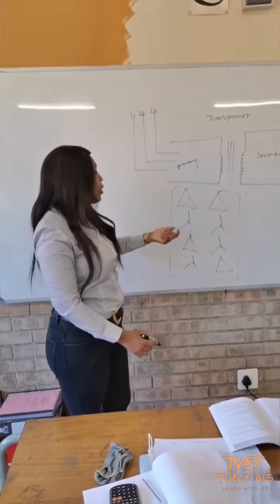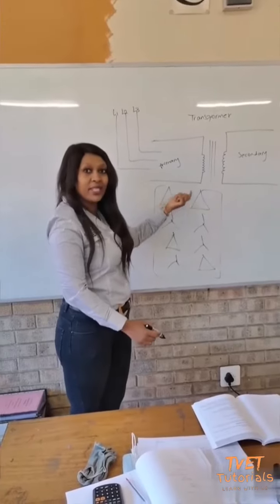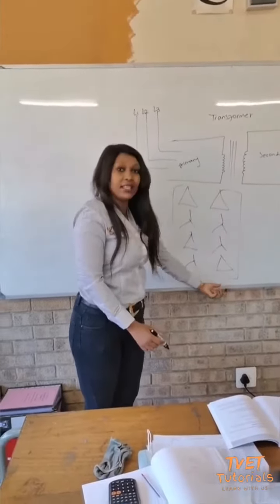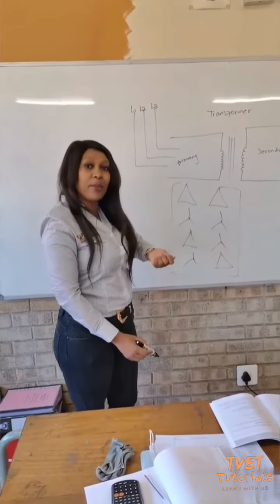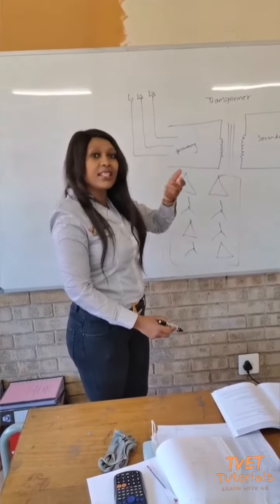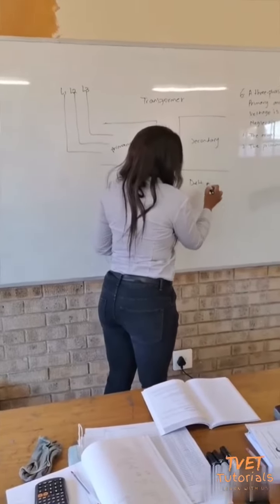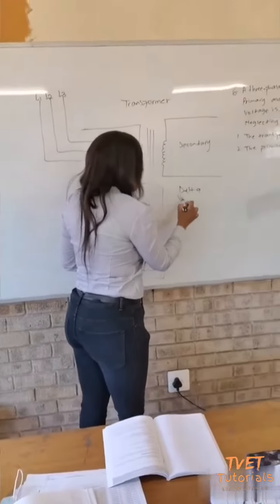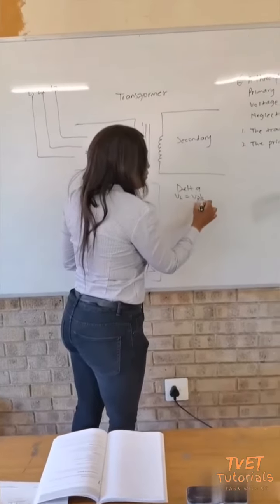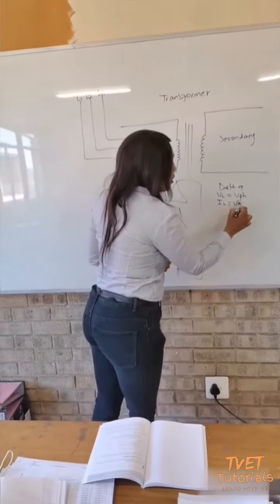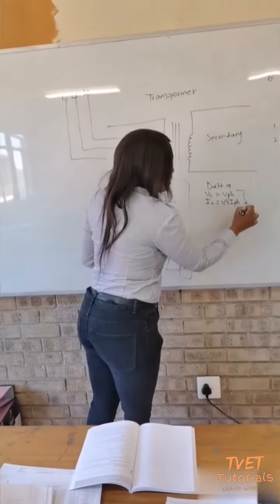A transformer can be connected in either this format, delta-delta or star-star, or delta-star or star-delta. What is it that you need to know when they say delta? What do they mean when they say delta? If it's a delta, you know that your V line and your V phase are the same, but the I line is the square root of 3 of I phase.